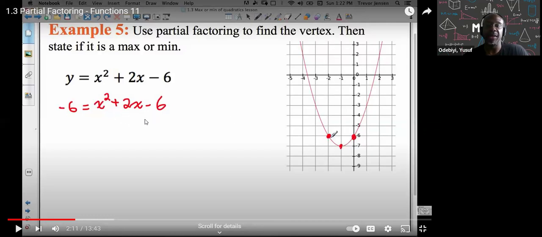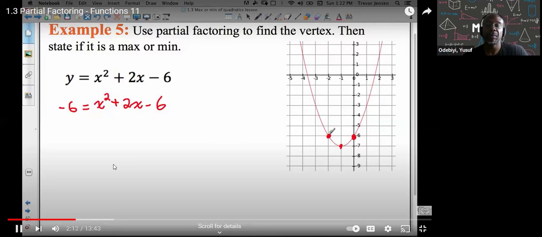Because we're saying this is -6, not 0, we're going to have a value at 0 and a value at -2. And if I have those two values, I already know it's symmetrical. So that's giving me the starting point of my quadratic. Okay, that's what he's showing you there.